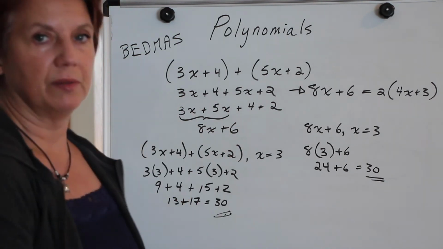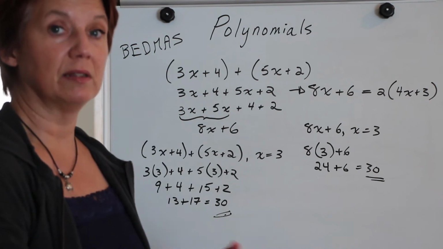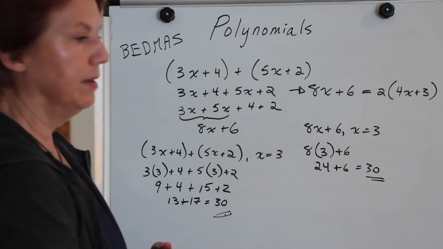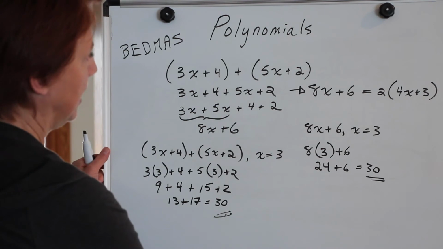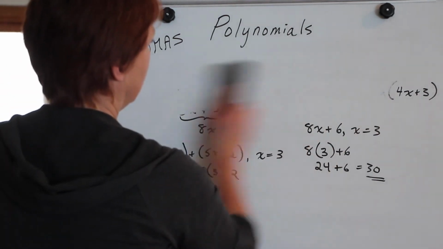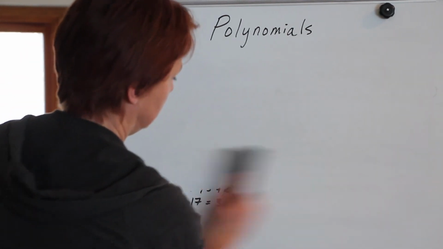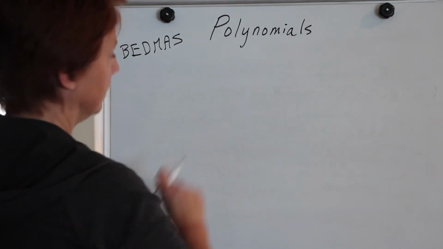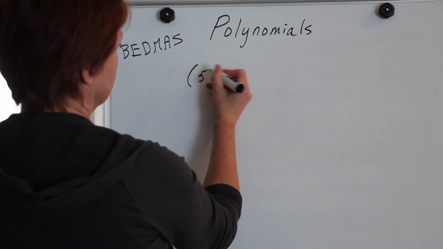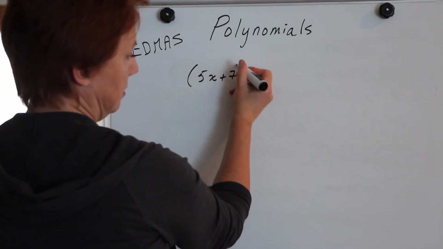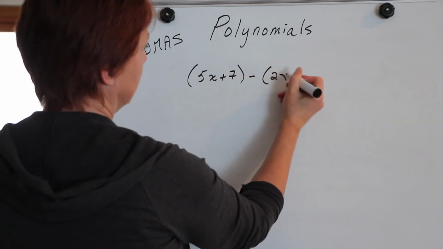And of course, the process of simplifying gets a little harder when the questions get a little longer, okay? So we're going to do a couple more here. This is all just beginning polynomial work. So here's one here, 5x plus 7 minus 2x plus 1.